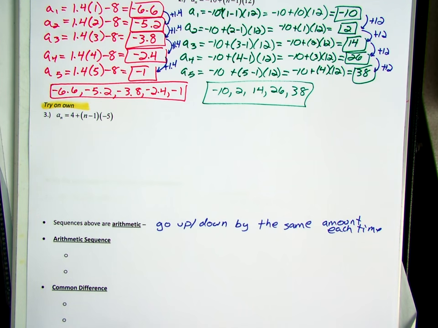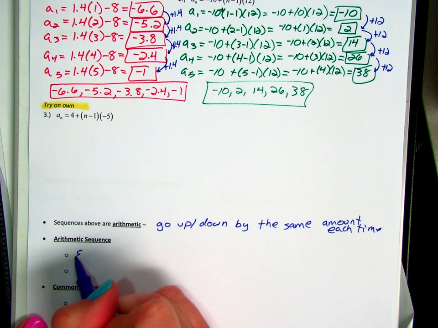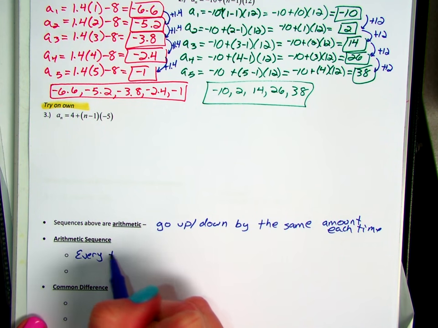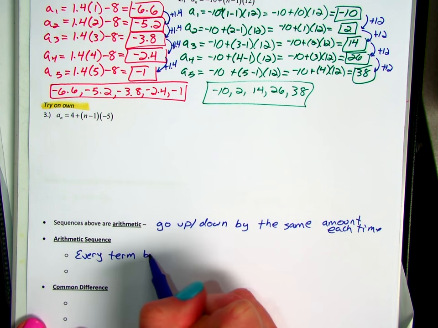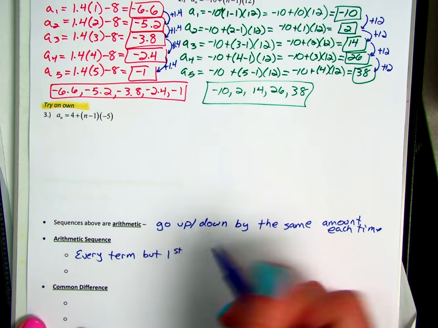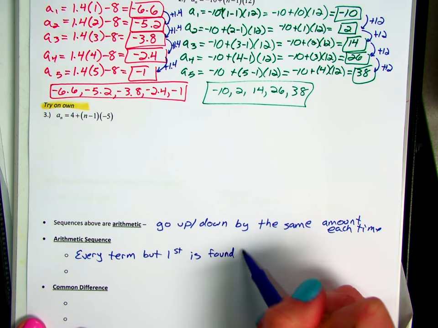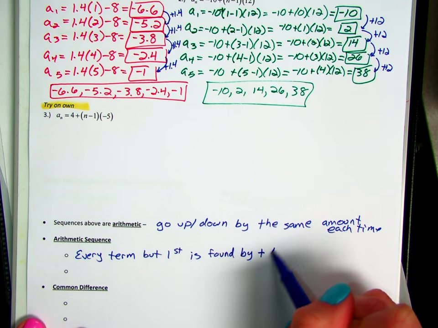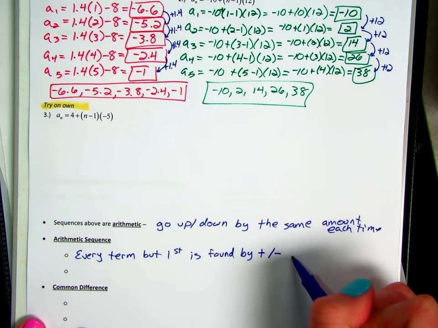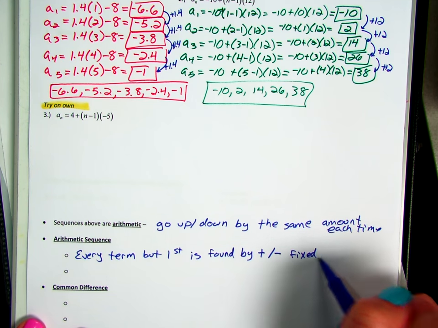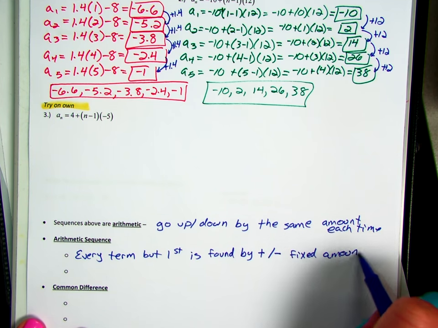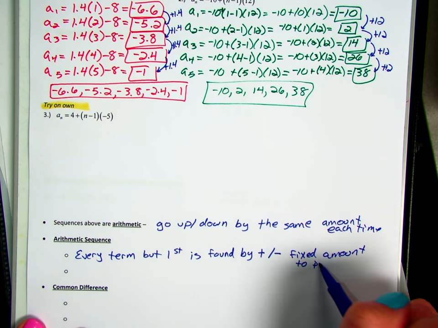So an arithmetic sequence means that every term but the first is found by adding or subtracting a fixed amount to the previous term.